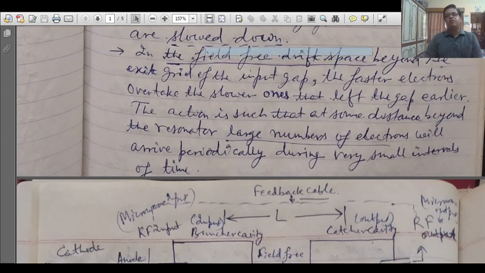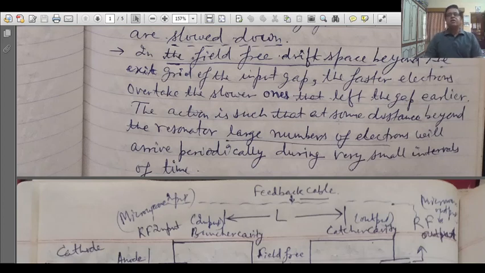In the field drift space beyond the exit grid, there is a space known as the field drift space. There is no field. The faster electrons overtake the slower ones that left the gap earlier, because their speeds are high.